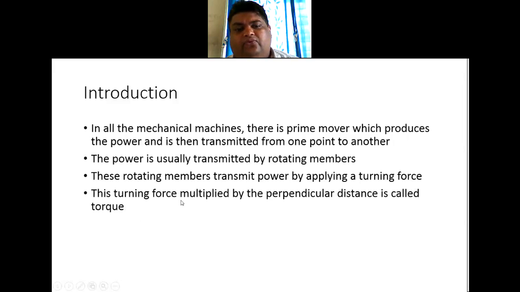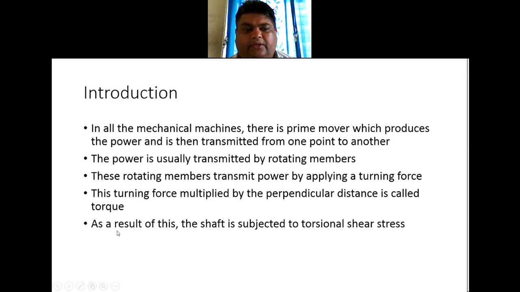And this turning force multiplied by the perpendicular distance, which is usually from the center of the shaft to the point of application of this force, that is your perpendicular distance, is called torque. As a result of this, the shaft is subjected to torsional shear stress.